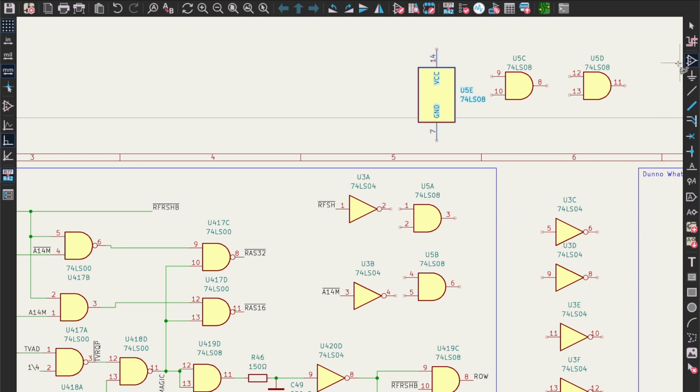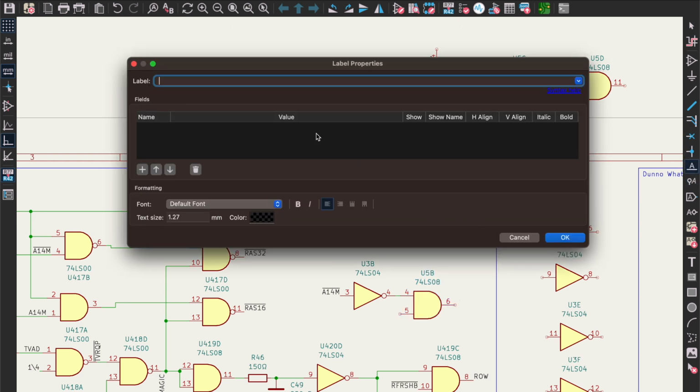Okay, so I think what we want is, I'll just draw a wire. And then on this input here we want magic.